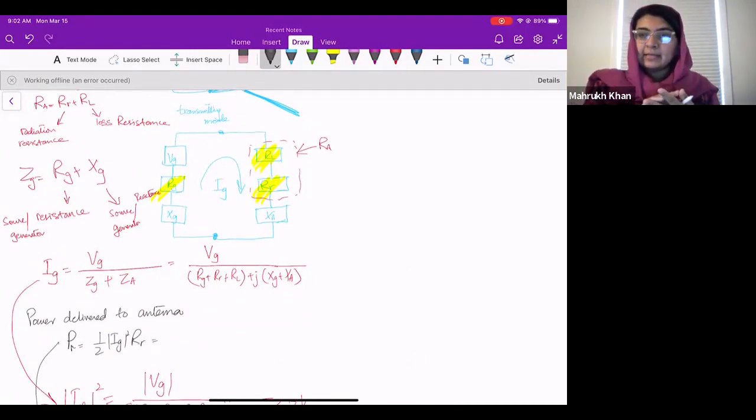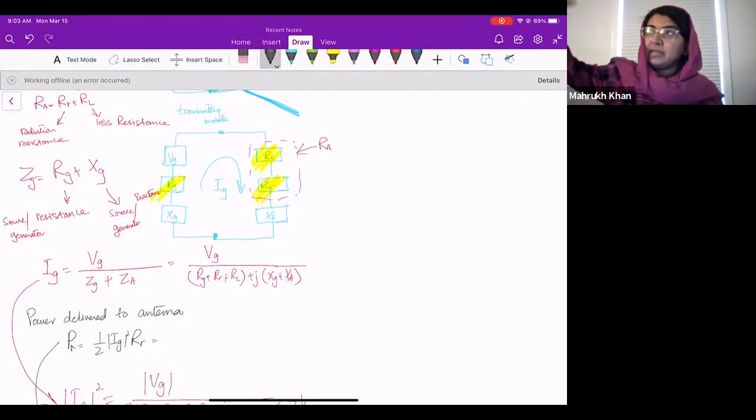So what are the power dissipations or the power delivered across the antenna? Because RL and RG are resistances that are lost; we said RL is a loss resistance, and RG is the generator's internal resistance. So they are the power dissipations, we said. But RR is the radiation resistance. That is the power delivered to the antenna, the power that is transmitting outside if it is in the transmitting mode.